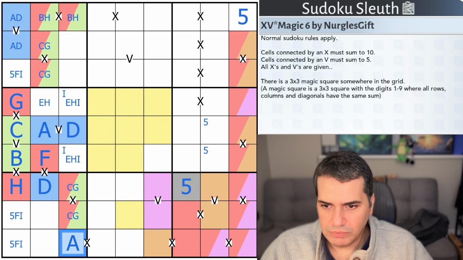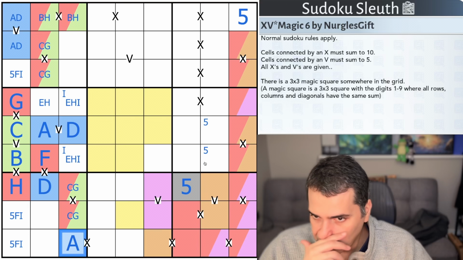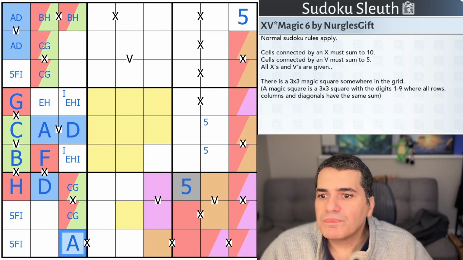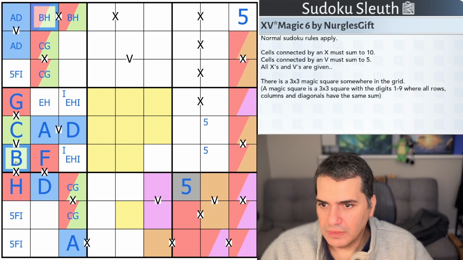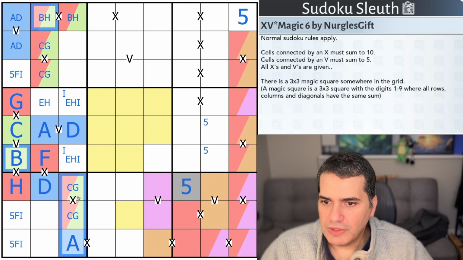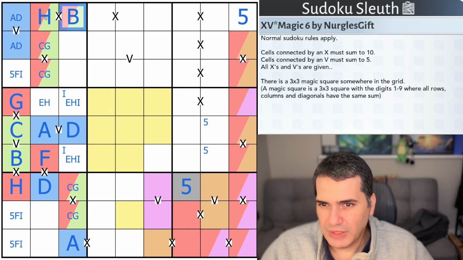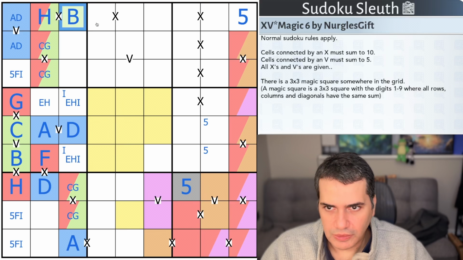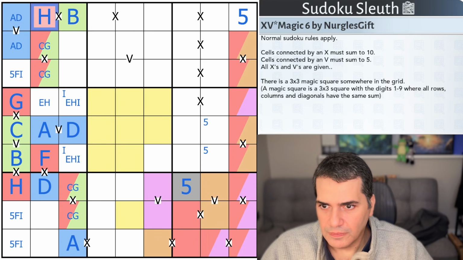And I'll tell you why this is now helpful: if I make this B and this B, well, B would have to be amongst one of these three cells, and it can't be. And I really got this by accident, so apologies for that. Doesn't help me with my CG, unfortunately.